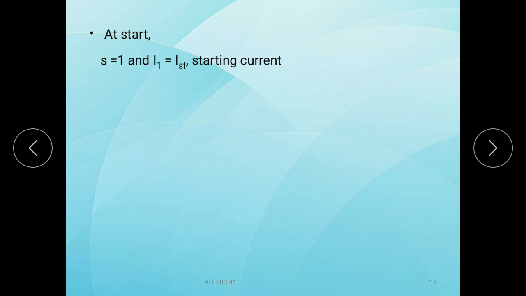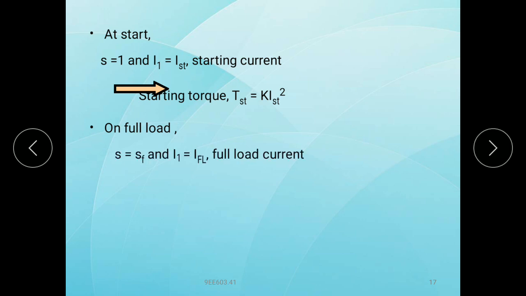At starting, S is equal to 1 and I1 is equal to IST, the starting current. The starting torque TST is equal to K IST square. On full load, S is equal to SF, I1 is equal to IFL, the full load current.